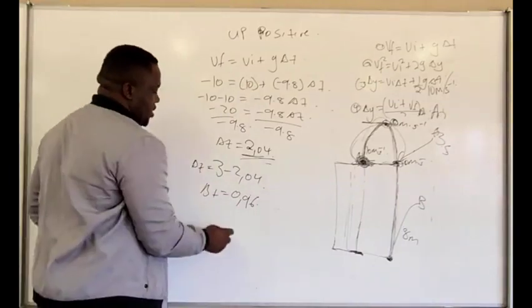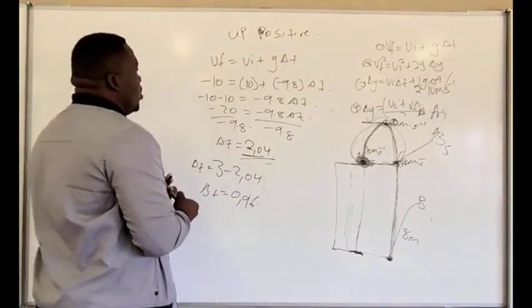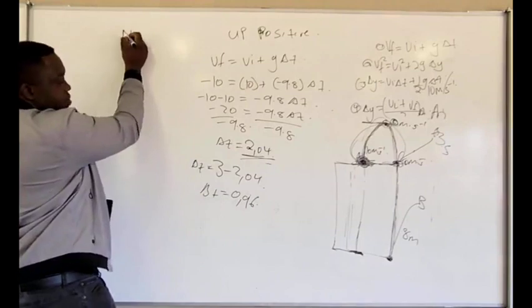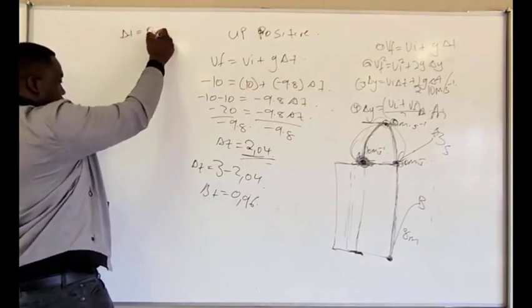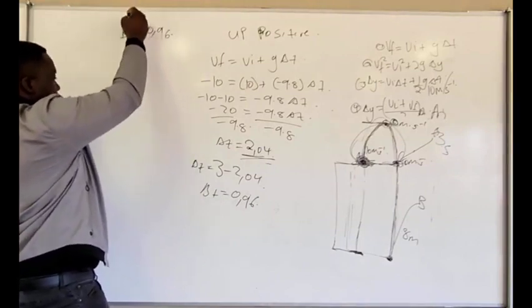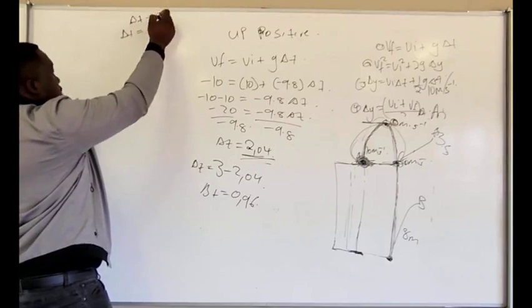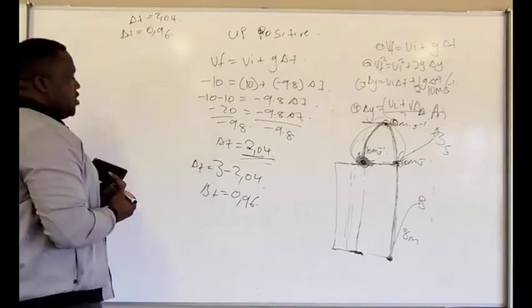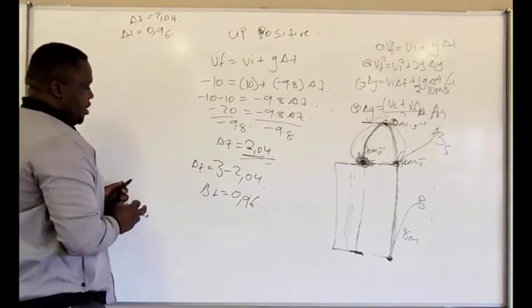So this is the first step. Then let me note it here. Changing time is 0.96. Then I'll also note the changing time of 2.04, which we subtracted from 3.